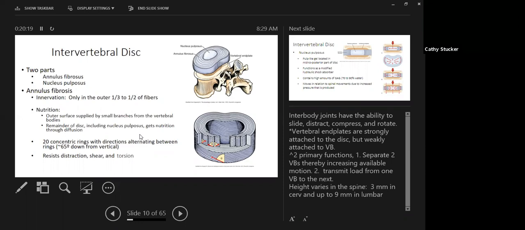They run at different angles to one another. So when there's some torsion applied, a portion of the fibers get tight. When there's distraction applied, a portion of fibers get tight. When it's compressed, a portion of the fibers, from the pressure pushing out on them, get tight. So it responds to all of those forces.